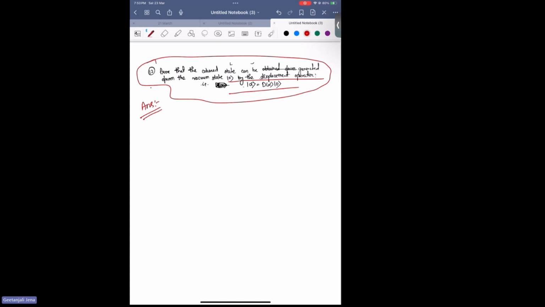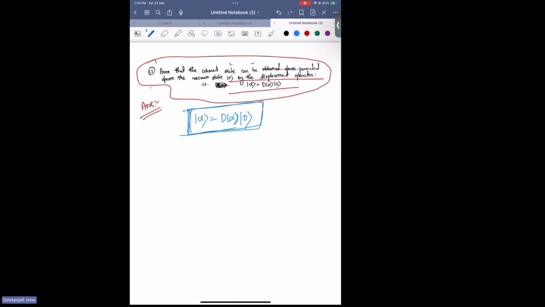So you just have to remember these facts. If we have a coherent state alpha, then we can generate it by acting the displacement operator D(alpha) on the vacuum state 0. It's better if you remember this statement.